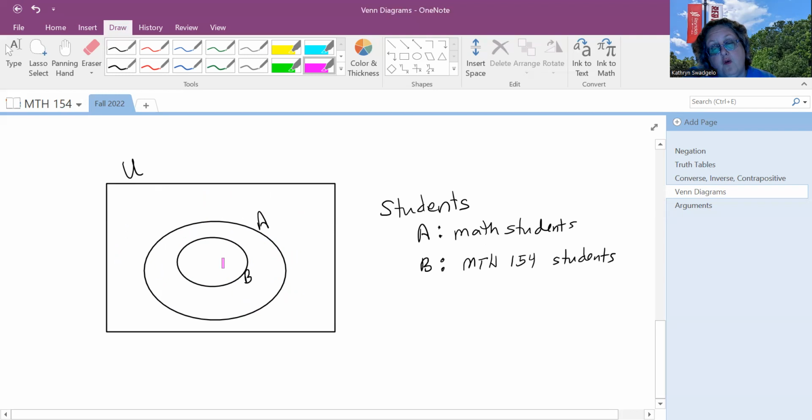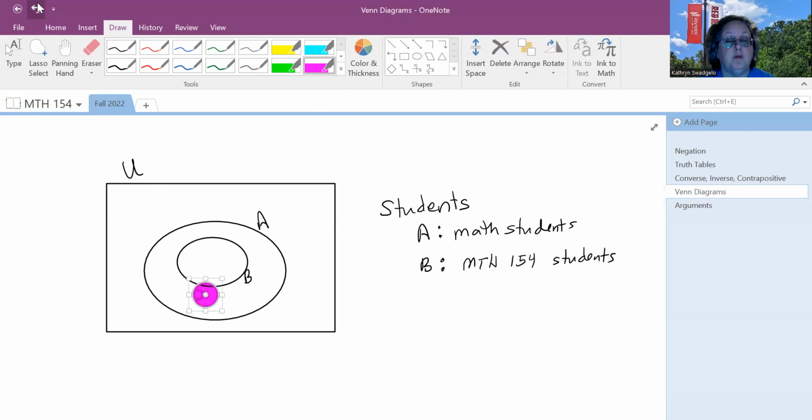Math 154 students are math students. Calculus students would be over here. Now they wouldn't overlap unless they're also taking Math 154, which seems very unlikely that you would have a calculus student and a Math 154 student at the same time. So those would be separate. So let's put those over here. Whoops, I didn't mean to make it purple. Make it black.